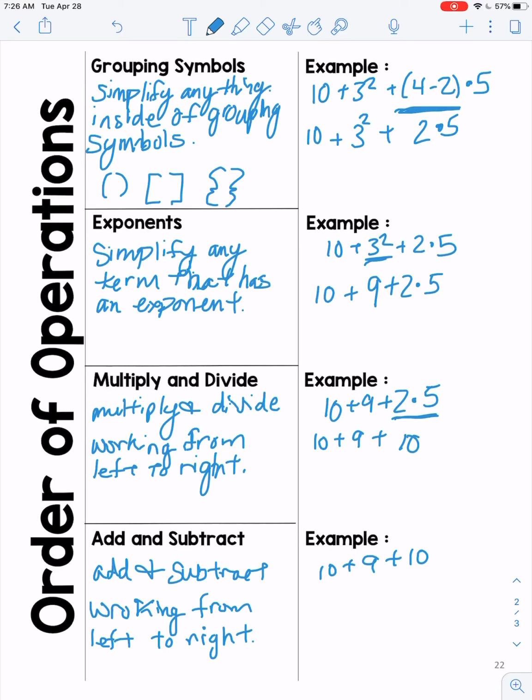So I start out here on my left side. I have 10 plus 9 is 19. I drop down the rest of my expression. Now I have 19 plus 10, which is 29. So my simplified expression equals 29.